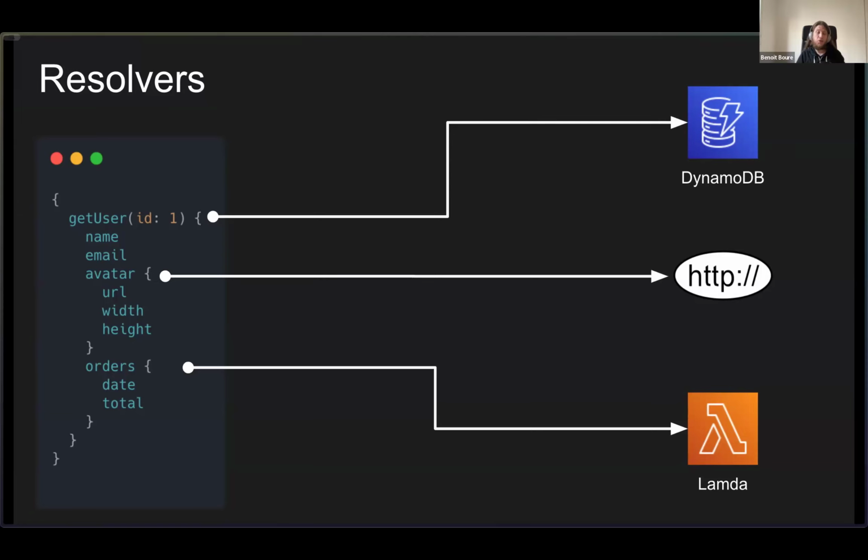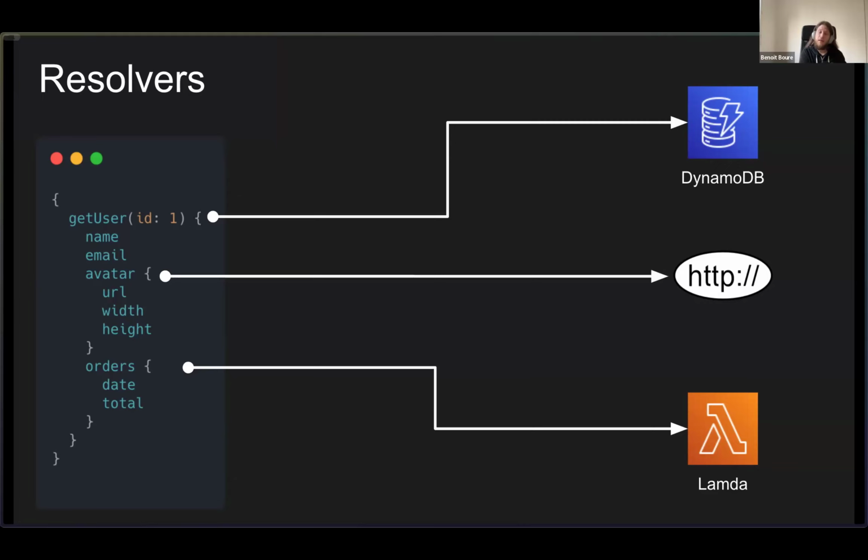And that function has two roles. The first one is to generate a request or a query to the data source. So for example, if it's DynamoDB, it will generate the query for PK and SK of that DynamoDB table. Then it's sent to the data source, and the data source, based on that, is going to return the data that you requested.